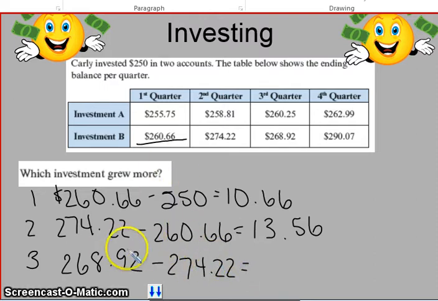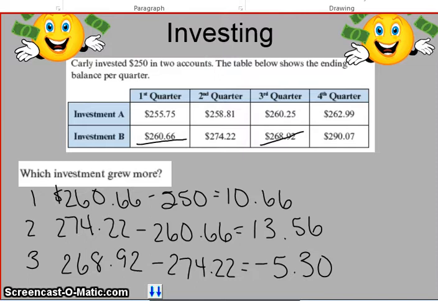Since she ended up with less than she started with for third quarter, that actually leaves us with a loss, or a negative, $5.30. So we can rule out third quarter as her greatest growth because she actually lost money during third quarter.